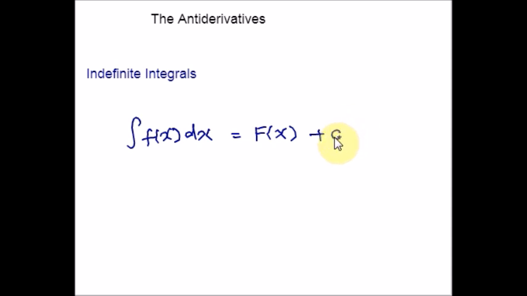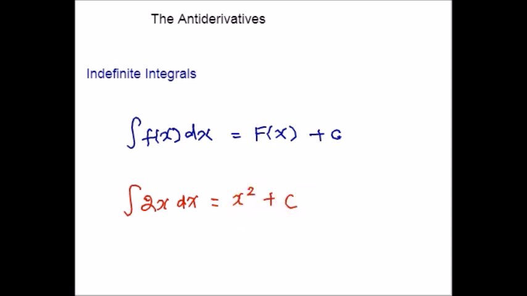For example, I'm going to take a very simple example, the one that we used at the start of this video. Please notice that x squared is an antiderivative of 2x, and any antiderivative of 2x is of the form x squared plus c. So we write that the integral of 2x dx is equal to x squared plus c.